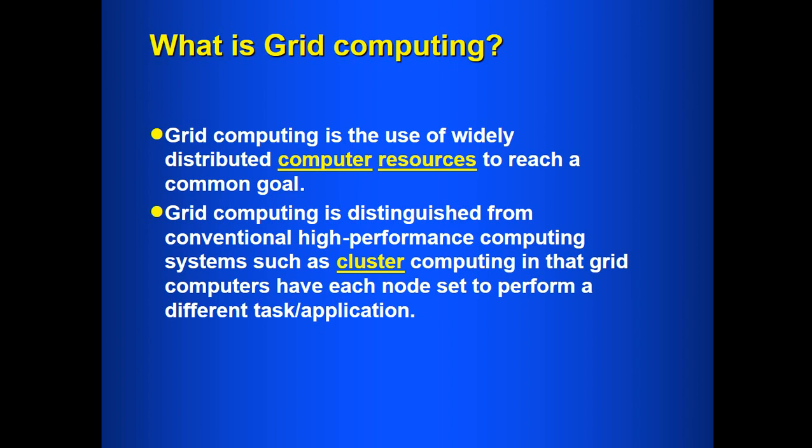Grid computing is distinguished from conventional high-performance computing systems such as cluster computing in that grid computers have each node set to perform different tasks or applications. Again, in grid computers, unlike cluster computers, each node is set to perform a different task or application. Grid computers also tend to be more heterogeneous and geographically dispersed than cluster computers.